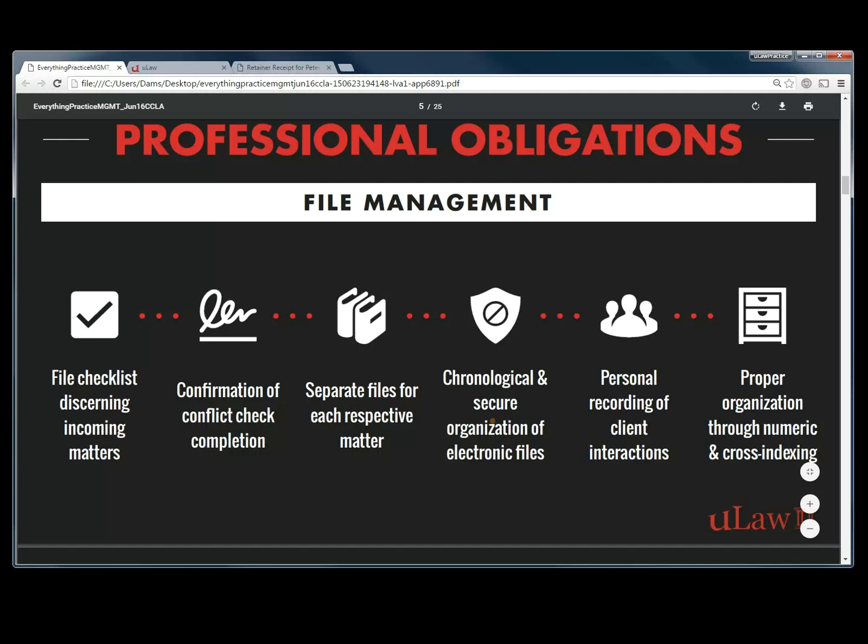So the first and most important one is making sure that you have a checklist of incoming matters. You have to have an active matter checklist, an archived matter checklist, and a closed matter checklist.